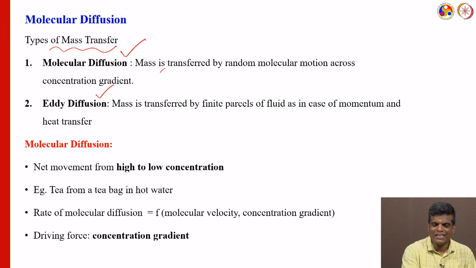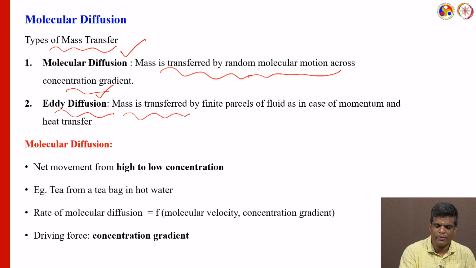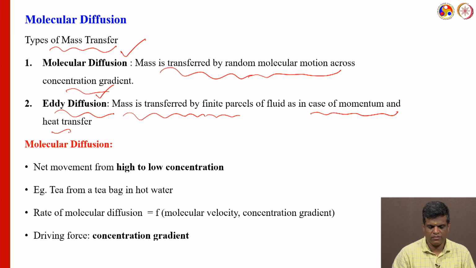In molecular diffusion, mass is transferred by random molecular motion across the concentration gradient. Normally this is called natural, but eddy diffusion is like convection diffusion, because here mass is transferred by finite parcels of fluid, as in momentum and heat transfer.